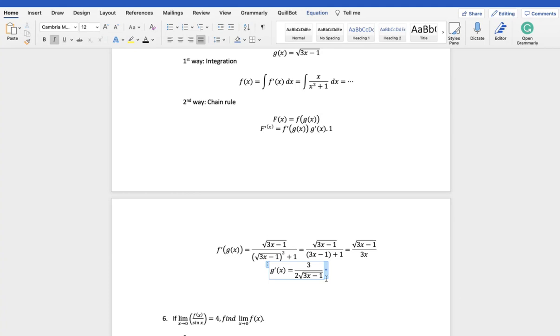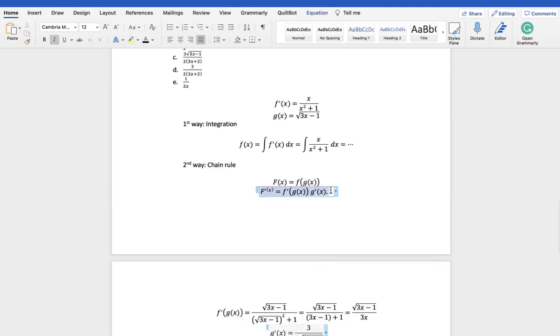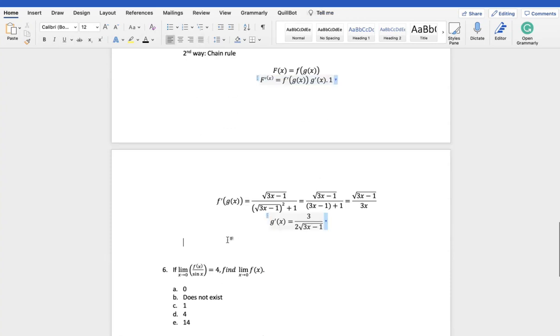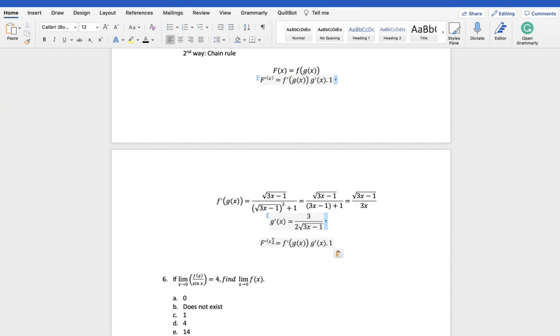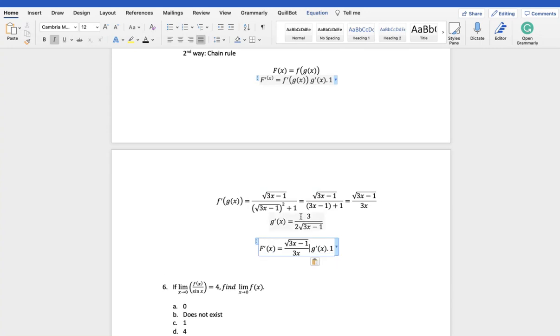Okay, so then since you already have your g prime of x, now you just go back to your original expression, which was f prime of x, which is just equal to f prime of g of x, which you found to be the square root of 3x minus 1 divided by 3x, multiplied by g prime of x, which we found to be 3 over 2 root 3x minus 1, and all of that multiplied by 1.